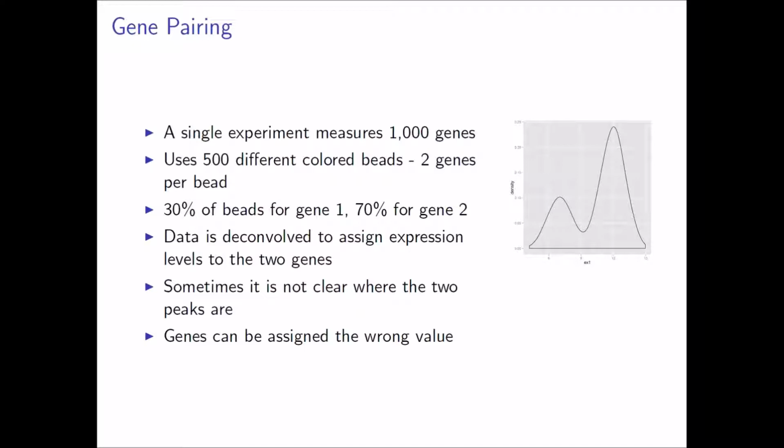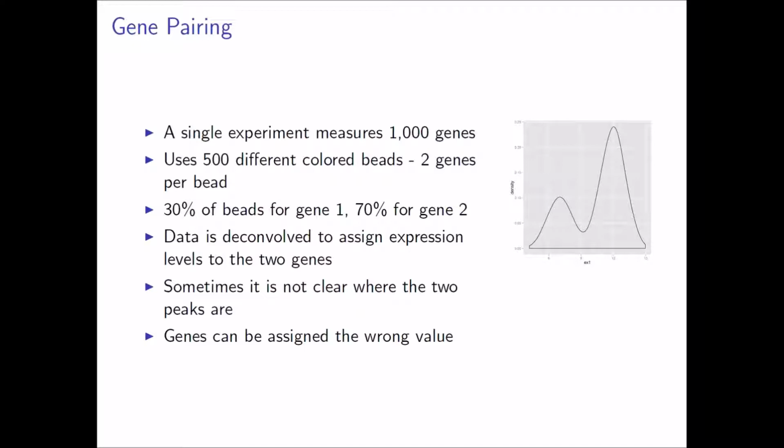On the right on the slide is a toy example of what you might see in terms of the distribution of expression levels measured, based on the beads that you're sampling in an experiment for a particular pair of genes. But unfortunately, sometimes it's not clear where these peaks are.